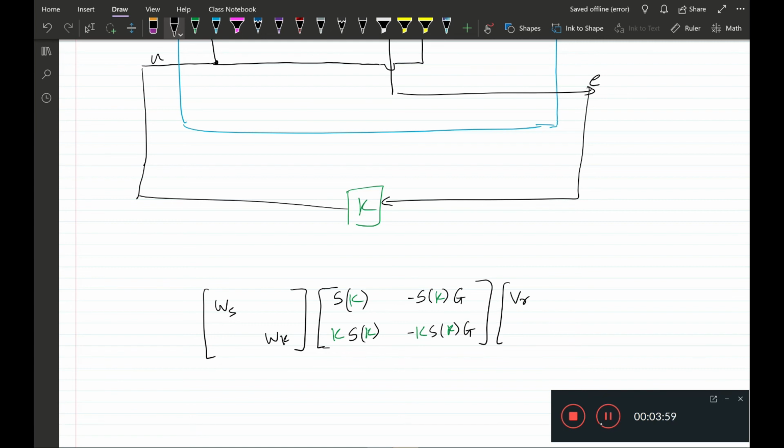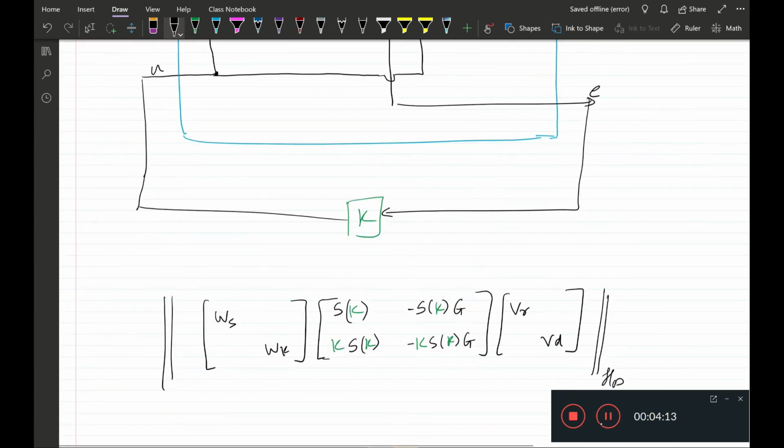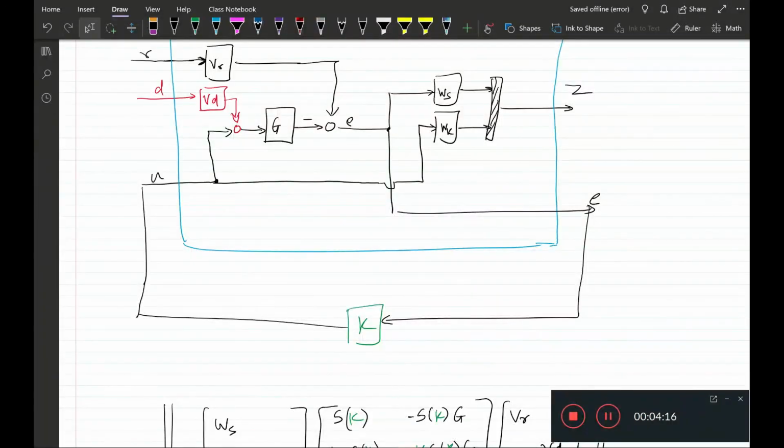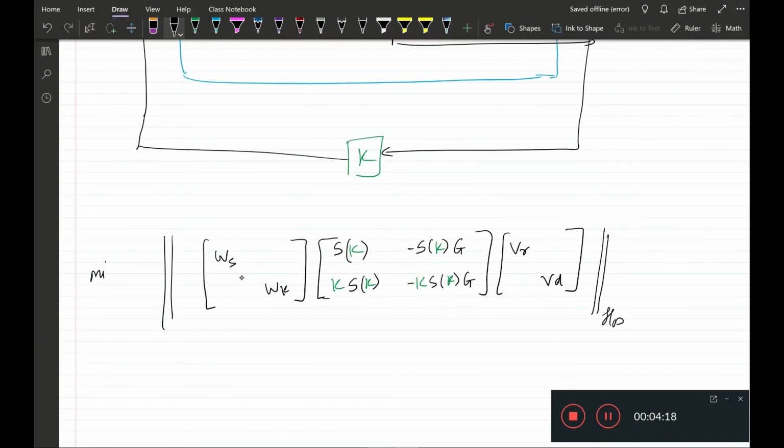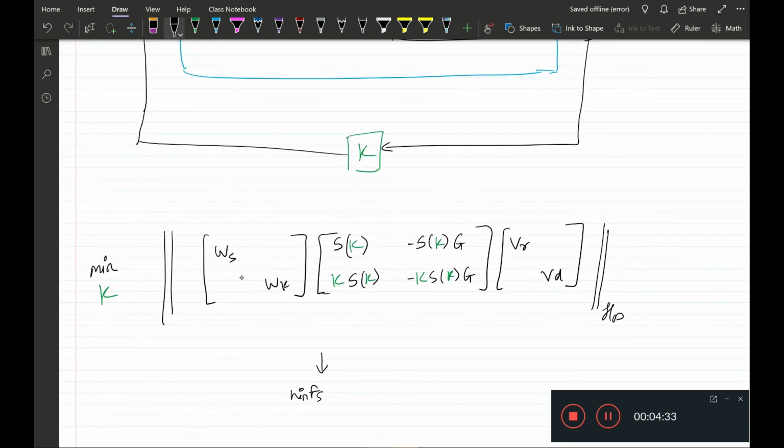And then we have additional input filters. So this is our closed loop plant, and the goal is then to minimize over all K the H infinity norm of this plant. And again, as before, we can do this by this modified generalized plant and the hinfsyn command.